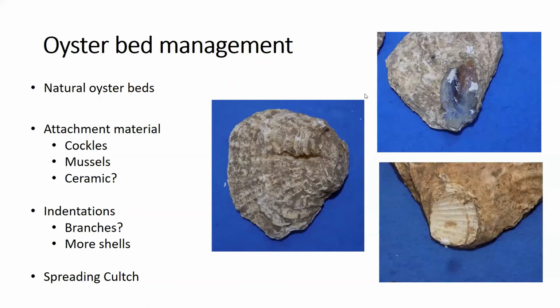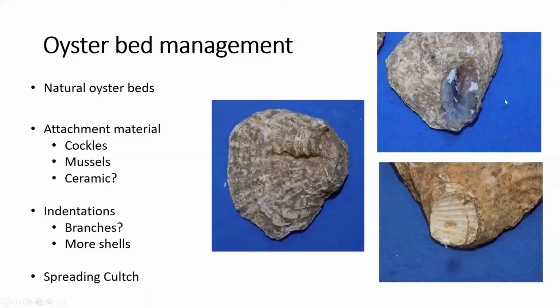This is possibly the simplest type of exploitation and modification of shell beds you can do: spreading material onto the sea floor to give the oysters more room, more available material to settle on, in order to encourage the oyster beds to grow and become larger.